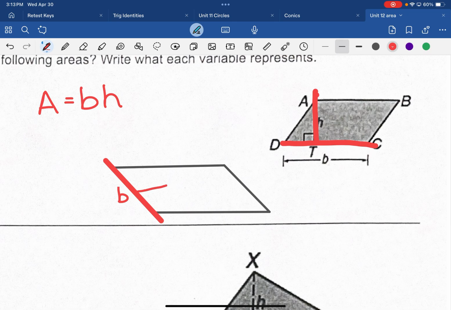It still has to be perpendicular. So it's going to look something like that. It's really hard to draw. I have been trying to draw this on all my periods, but it's okay. So something like that.